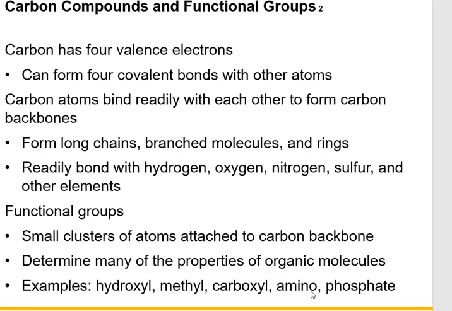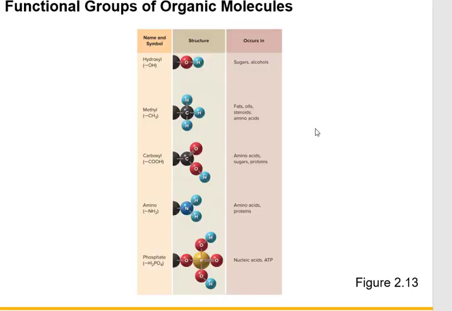We're going to talk about the amino group when we talk about amino acids. So that's how they get their name. And of course, we're going to talk about hydroxyl groups because we're going to find that water plays a huge role in anabolism and catabolism and oxidation and reduction.